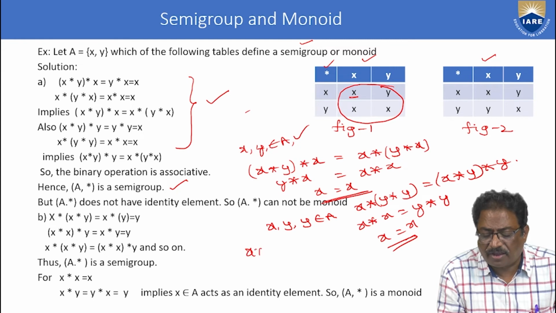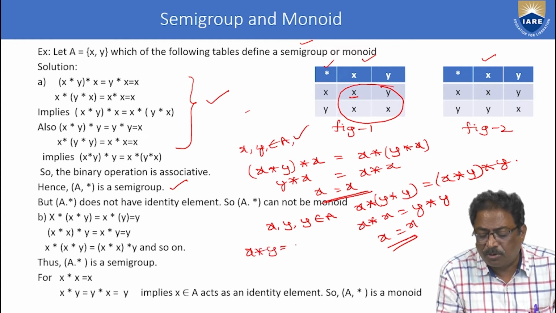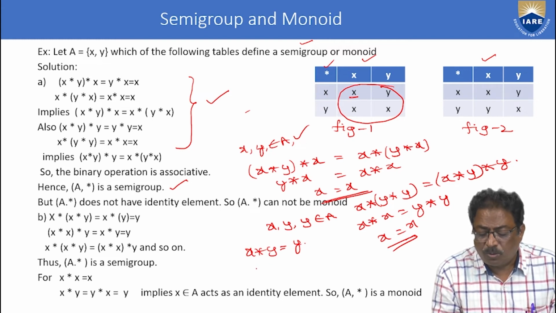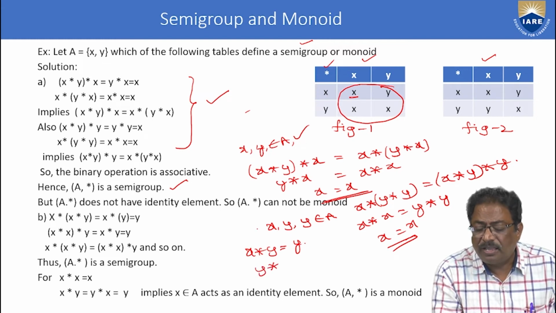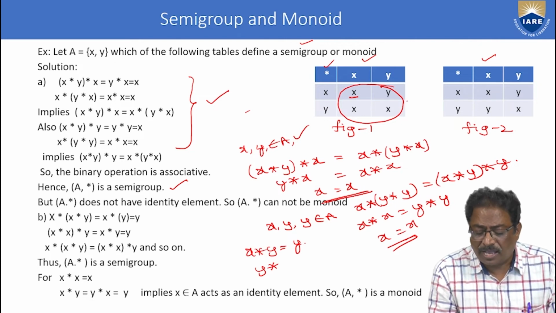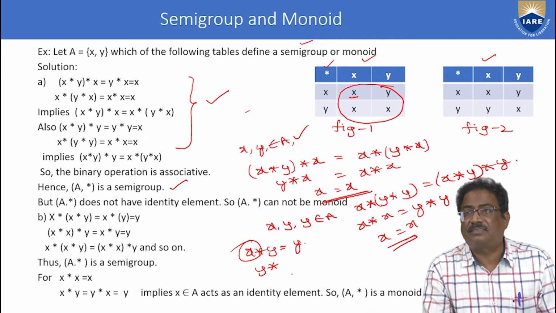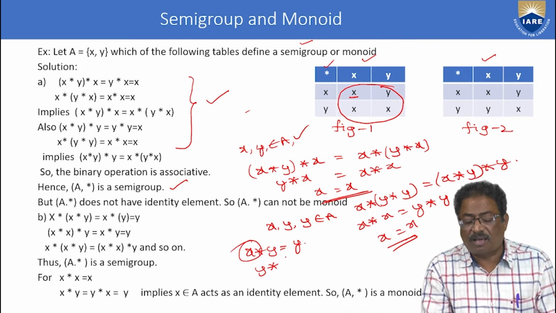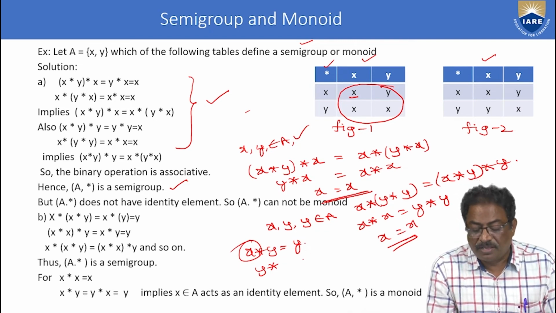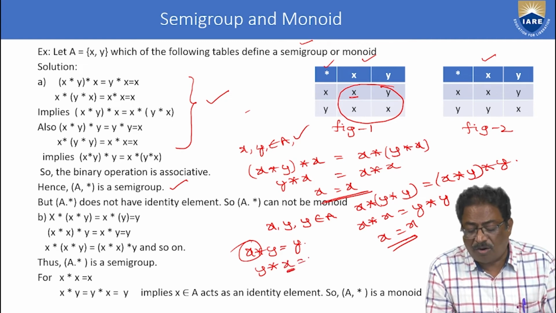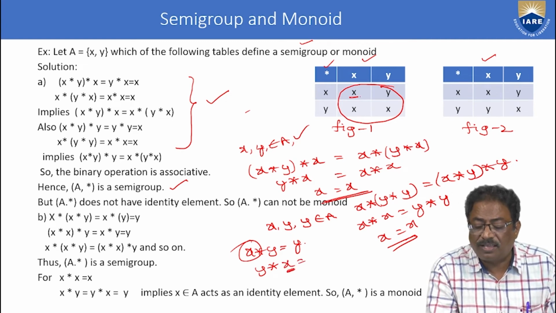And for the second one, I am taking y star x. Suppose I am considering x as the identity element, because x star x is equal to x and x star y is equal to y. Then for y star x, if it is the identity element, I have to get y. But y star x is equal to x.